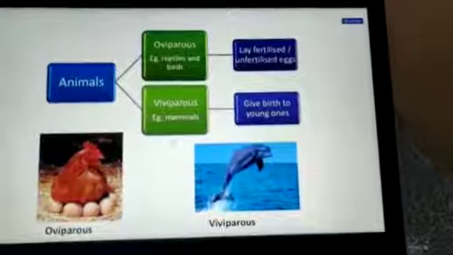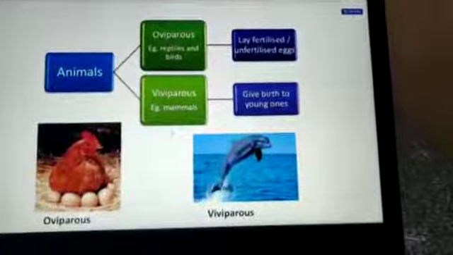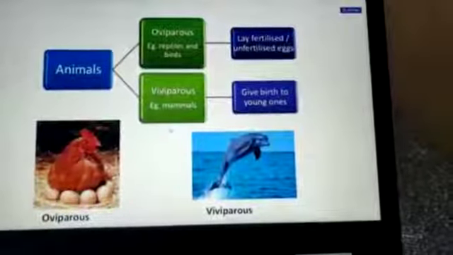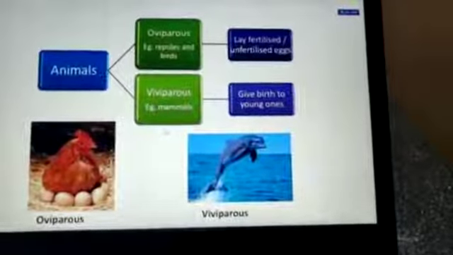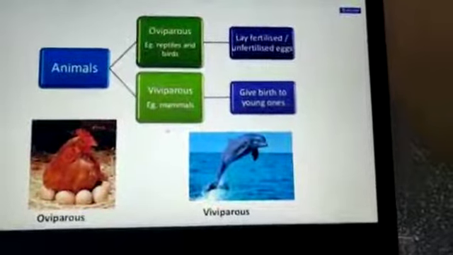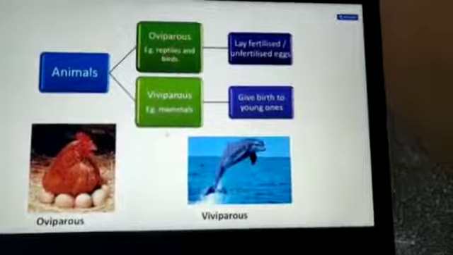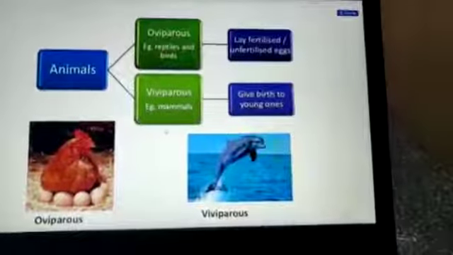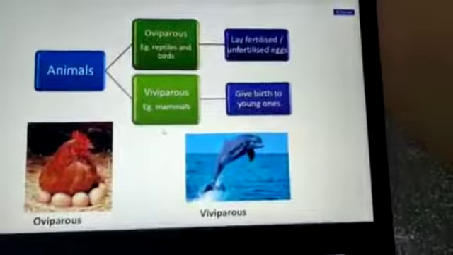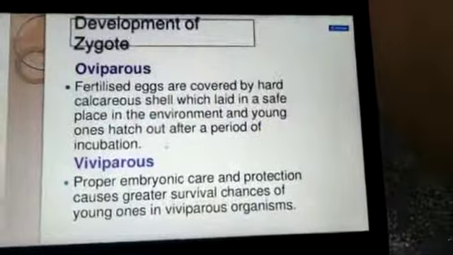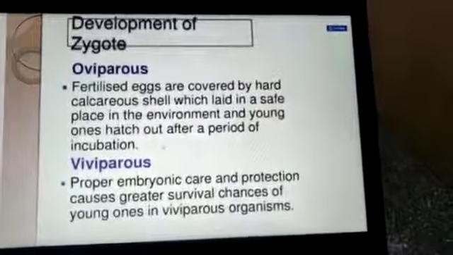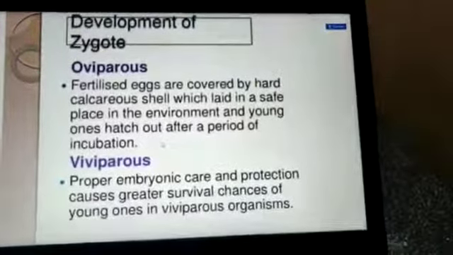Okay. Now here you are able to see there are different types of animals, oviparous and viviparous. Oviparous animals lay eggs, and viviparous animals give birth directly to the young ones. Oviparous, example hen; viviparous, all mammals. Now the development of the zygote in oviparous and viviparous animals.